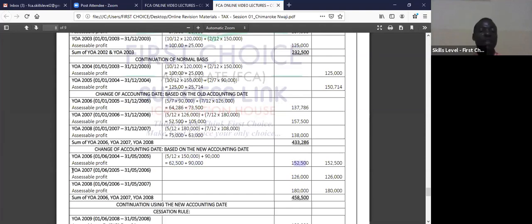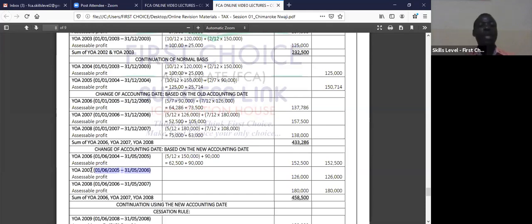Okay, the second year, relevant year is 2007. So what do we do? You also look at the new accounting date ending in May. So it must have started in June 1, 2005, ending in May 2006. So it must end in 2006 because this is 2007, preceding year basis.